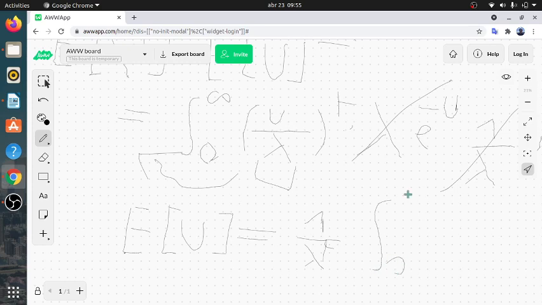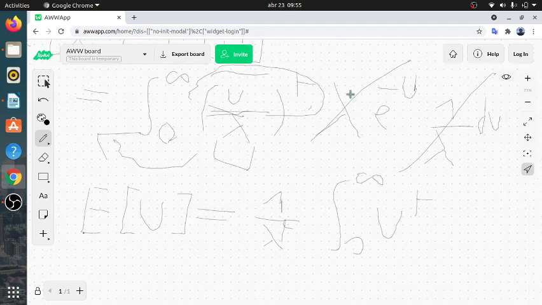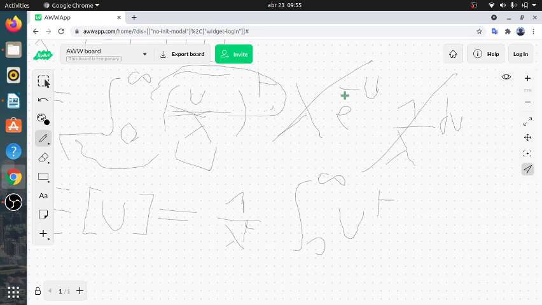Integral from 0 to infinity of u to the power of r, this part of the expression, multiplied by e to the minus u du.